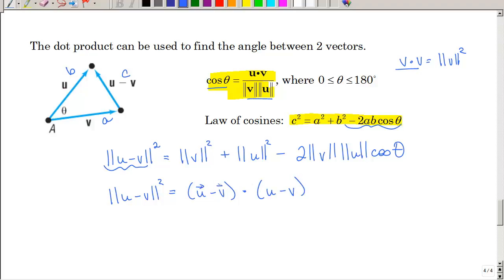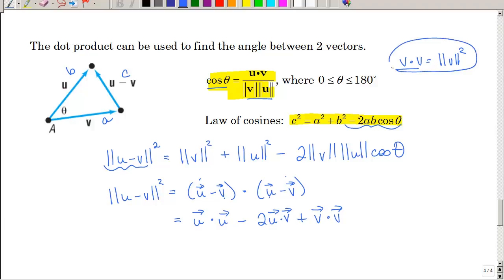I'm going to put little arrows above this just to remind ourselves that those are vectors. Now I'm just going to use the FOIL process. So I'm going to have u dotted with u minus 2u dotted with v, and that 2 came from u times v and v times u. Then plus v dotted with v.